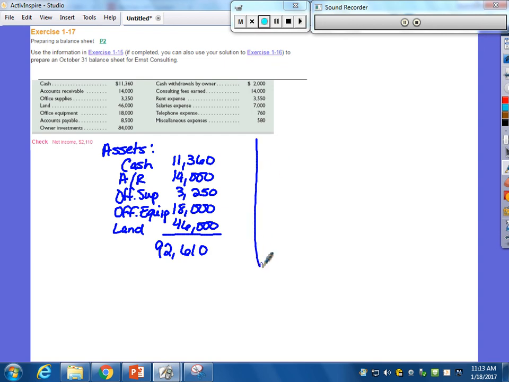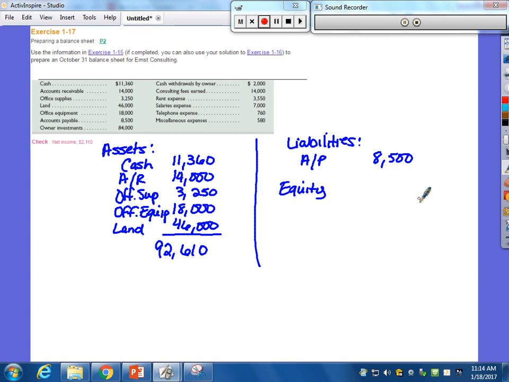And over here we need to do our liabilities. What liabilities do you have? Accounts payable, which is 8,500. Have anything else? Looks like that may be it. And then your equity. What's the only equity that you have? Capital, right?